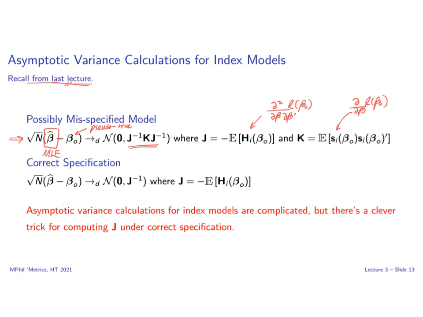In the special case where our model is correctly specified, the asymptotic variance matrix simplifies to J inverse.